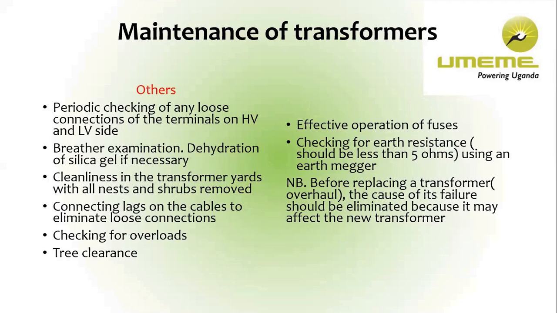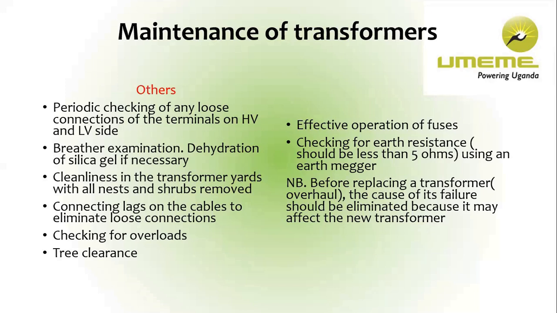When you find that the connections are loose, there's what we call lugs. You introduce lugs because a lug can keep the conductor in position. So lugging, I know some of you know lugging. So we always do lug replacement to avoid the loose connections.